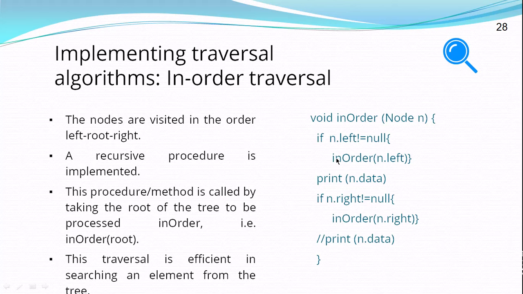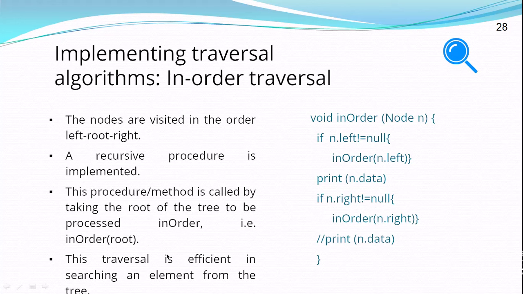So what I'm doing here, I'm exploring the left-hand subtree rather. I'm visiting the node by printing its data out, printing the node or the root's data out. How do I do that? Well, n is the node that I'm looking at, so n dot data, output that, print it out. And providing there is a right-hand branch, explore the right-hand branch.